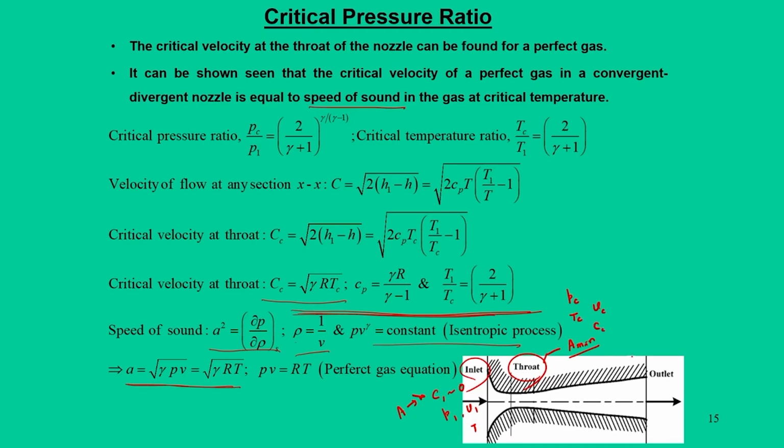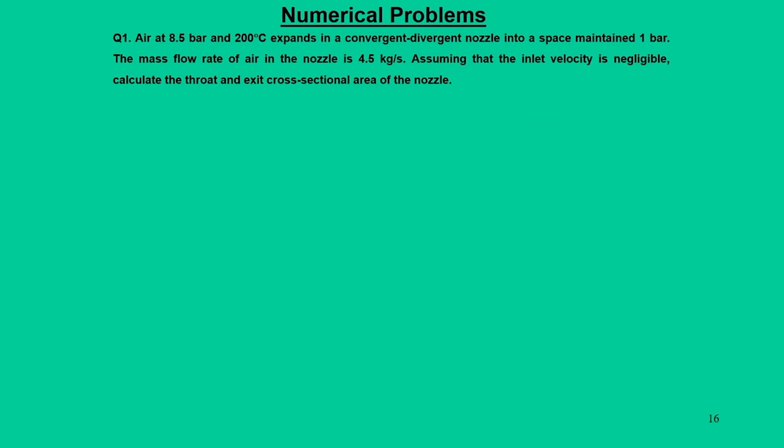Any other conditions are defined at any section x-x. It can be the outlet or exit, and the values are denoted by any arbitrary pressure P, T, specific volume and C.